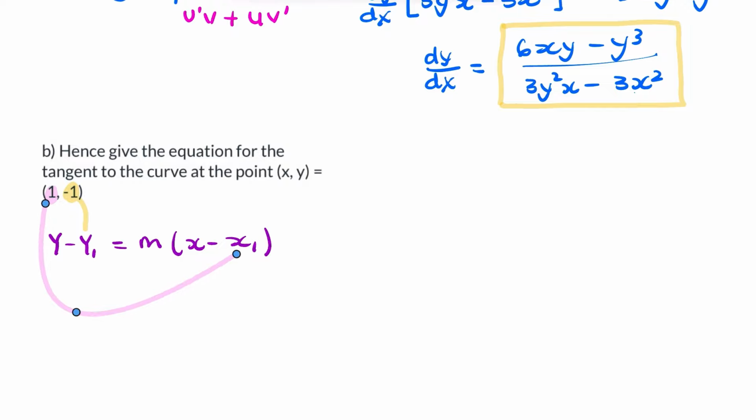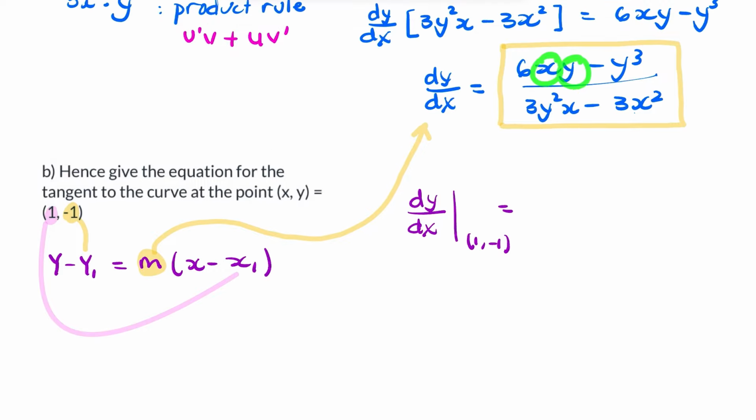To find the slope or the gradient of the tangent, we would need to find dy by dx. So let's do that. At the point 1, minus 1, we substitute 1 for x and negative 1 for y.